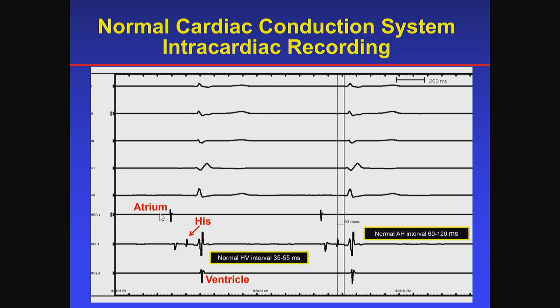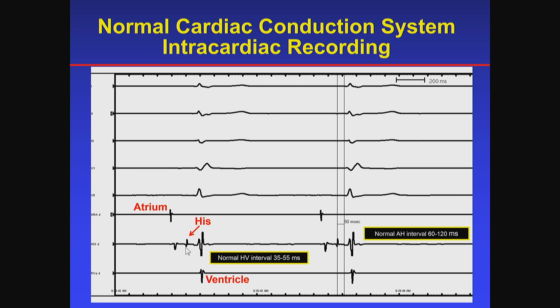The next tracings are taken from a high right atrial catheter recording an atrial electrogram, and this tracing below comes from a catheter placed across the tricuspid valve where it can record a signal from the atrial electrogram, followed by the His bundle electrogram recording, followed by the ventricular electrogram recording.